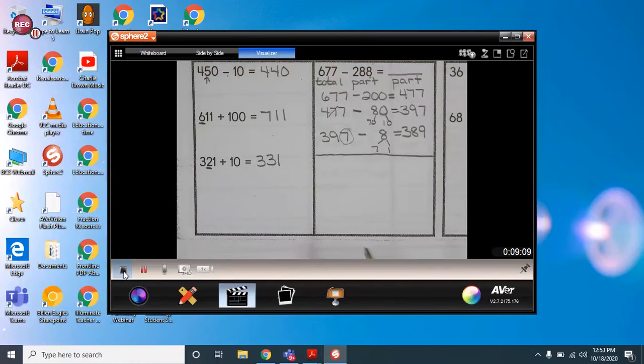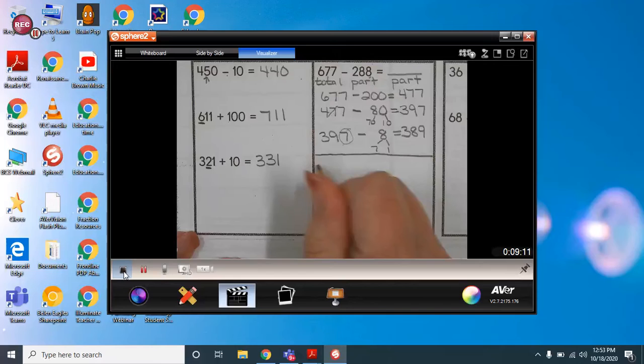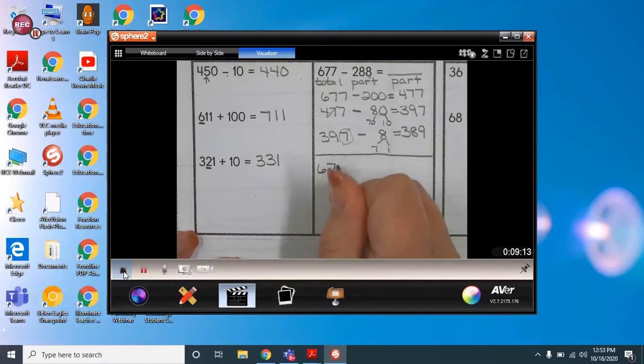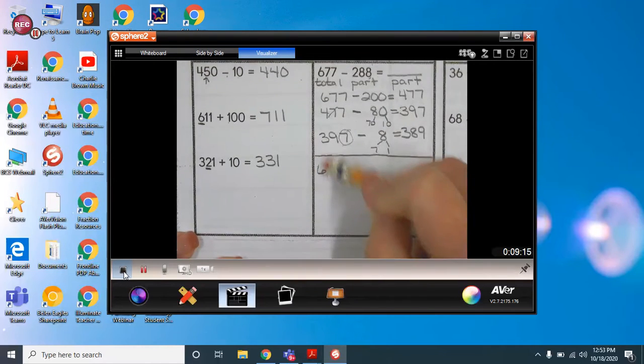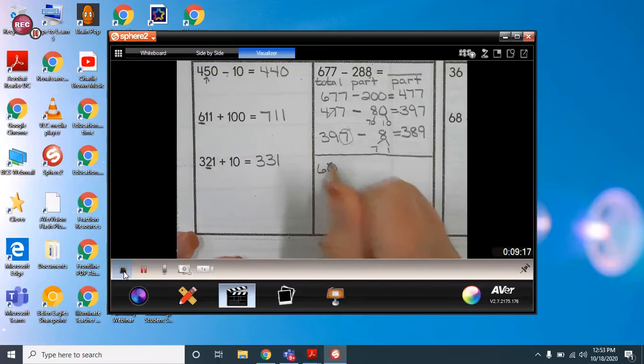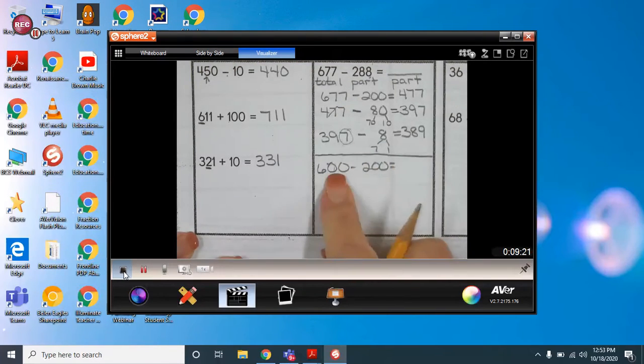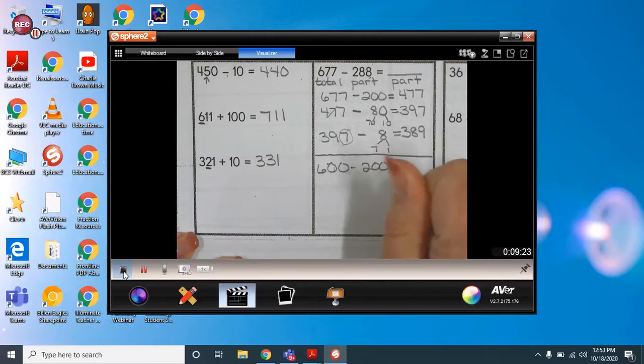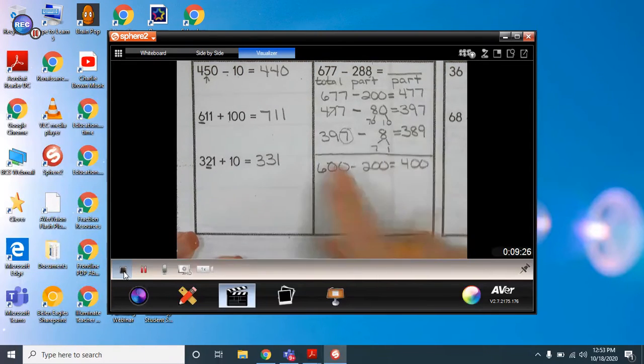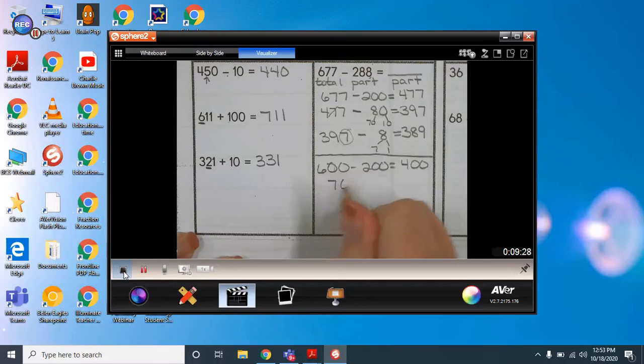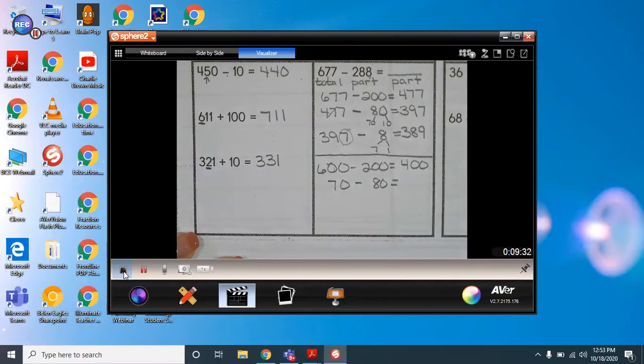Another way that we could do this is to take our 677 and subtract by our place values. We know that 600 minus 200 is 400. We know that 70 minus 80 cannot be done, which tells us that we need to regroup or borrow 100.